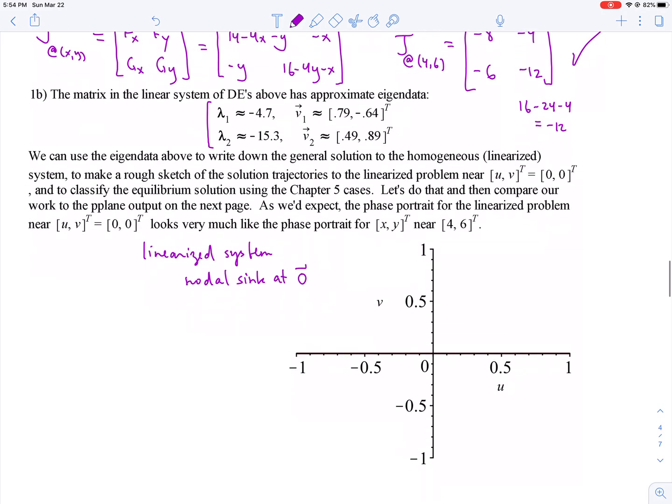All right, and remember how we drew these. If you want to practice, you could try drawing it first. But I'll just go ahead and do it here. So V1 is about 0.79, minus 0.64. And so the lambda 1 eigenspace is all multiples of that, of the position vector.